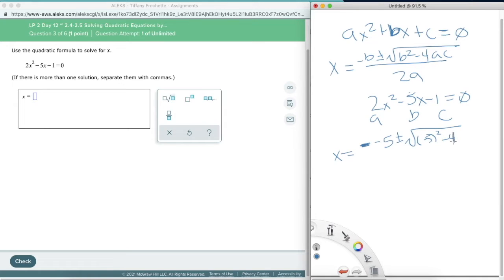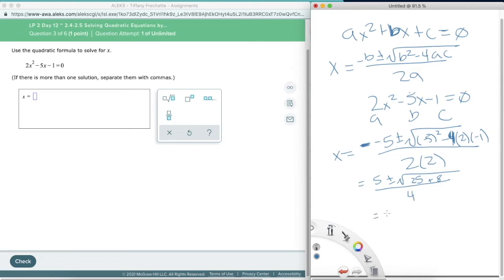This is always going to be 4 times a, which is 2, times c, which is negative 1, over 2 times a. All right, so let's reduce this. Negative, negative, that's a positive 5, plus or minus, we get 5 squared is 25. Negative 4 times 2 is negative 8 times negative 1 is positive 8, over 4.